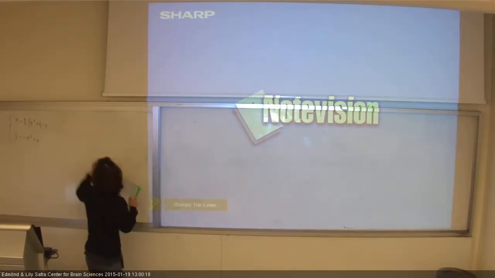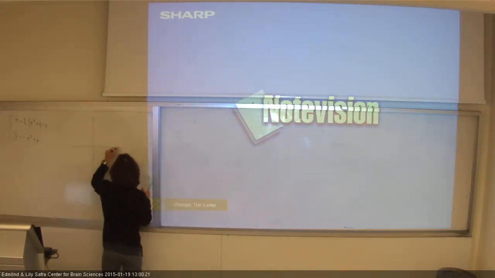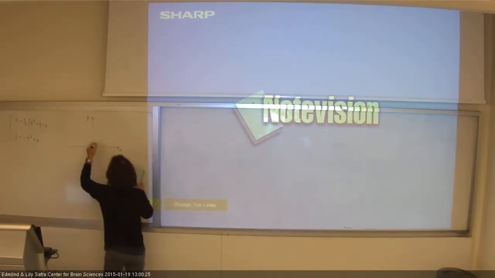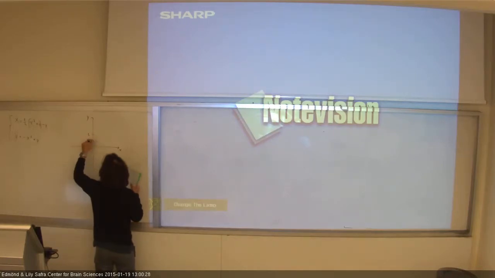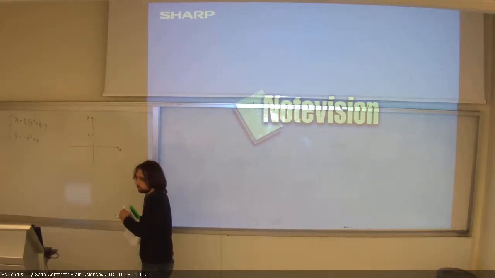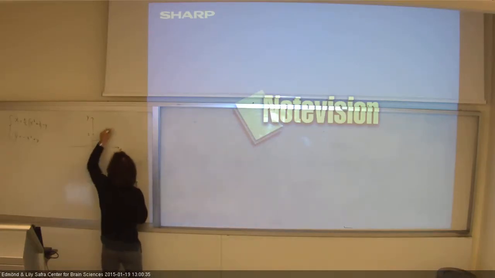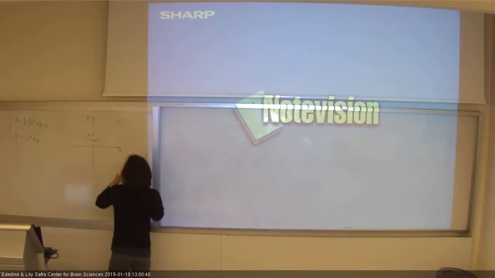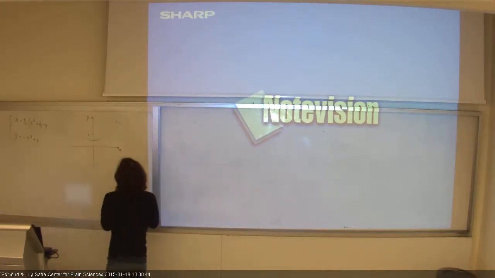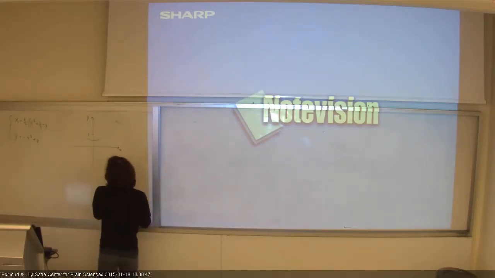So we had this parabola as the x null line, and we had this curve as the y null line.